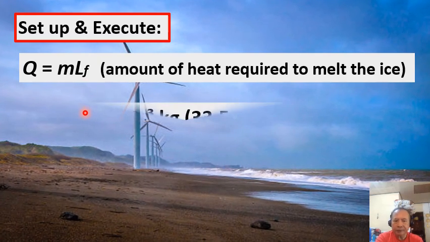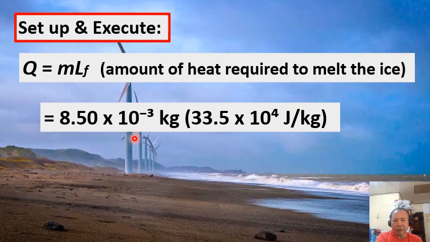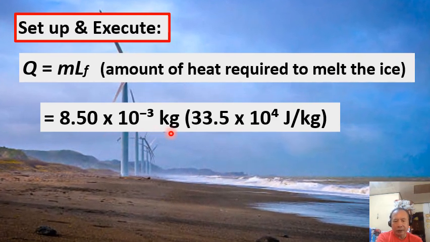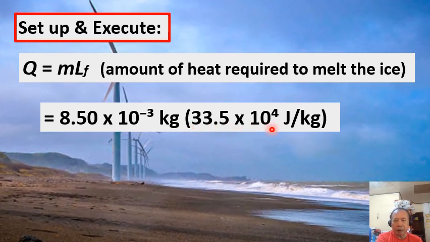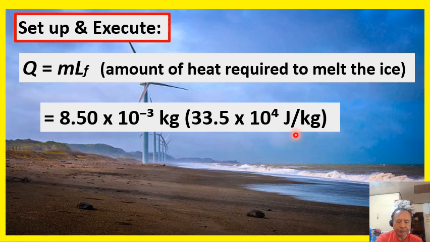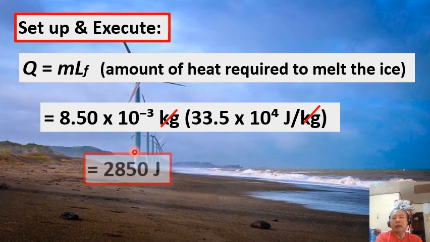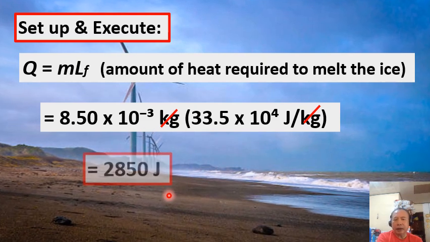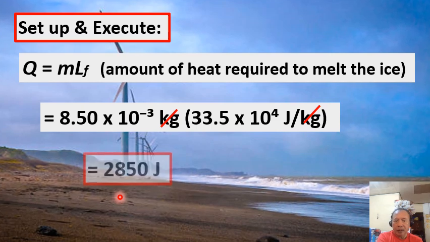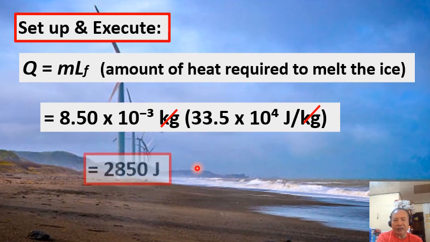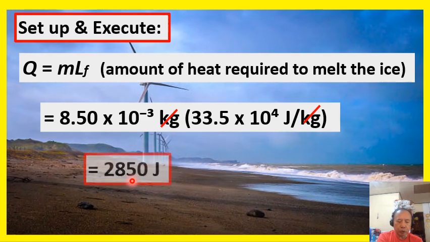That is, Q is equal to 8.50 times 10 to the negative 3 kilogram multiplied by 33.5 times 10 to the fourth power joules per kilogram. Multiplying these two quantities, we get the heat that is required to melt the ice, Q, equals 2,850 joules.